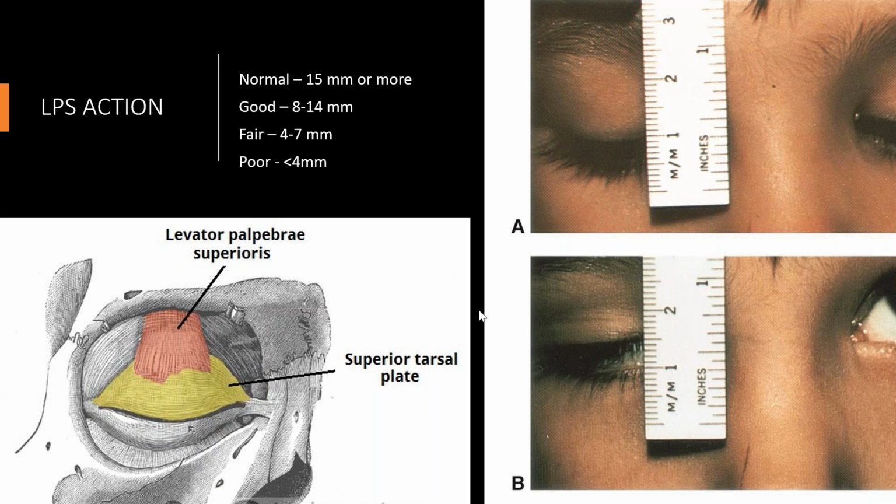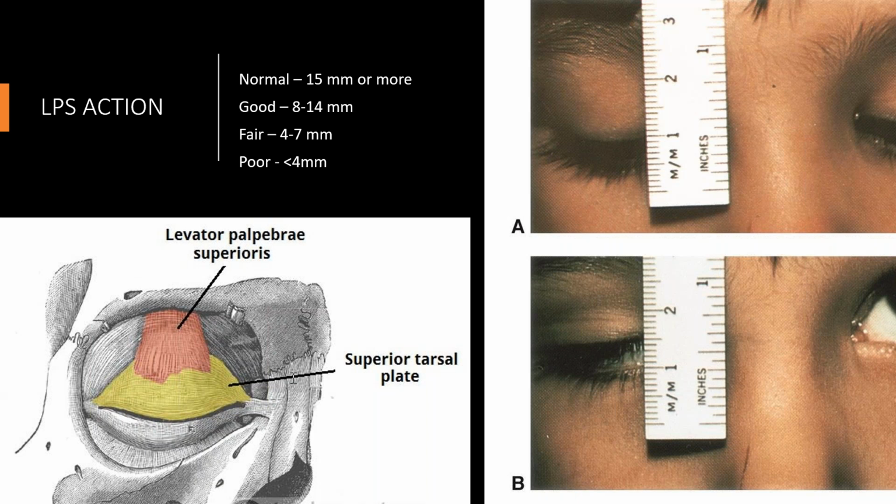Anything else? The significance of it is that if there is a poor Bell's phenomenon, for example, if the eyeball is not going up, we usually defer the ptosis surgery.